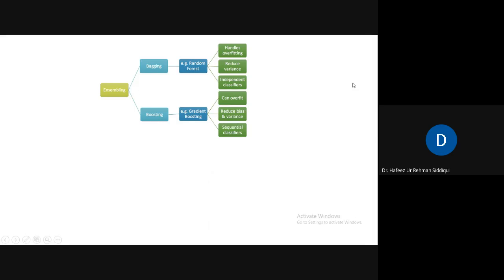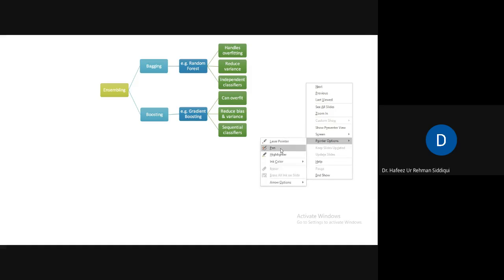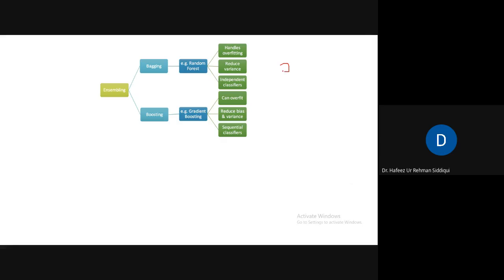in ensembling we use more than one classifier, as I told you. You have model 1, model 2, and model 3. You send an input, and the model will predict something, and same here and same here. So they are not dependent on each other. You just count them.